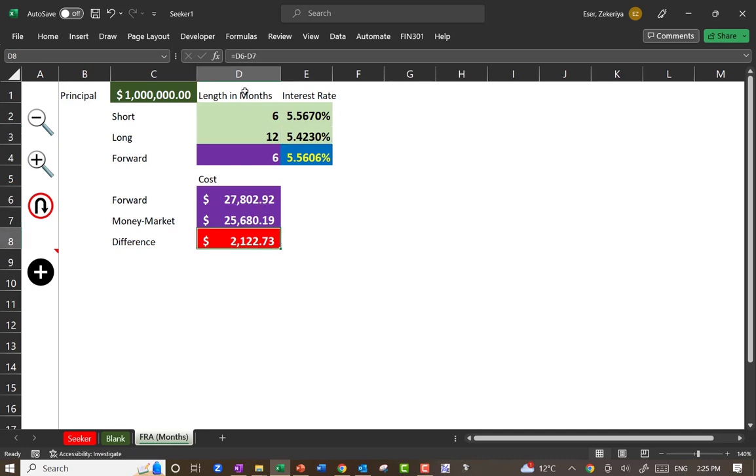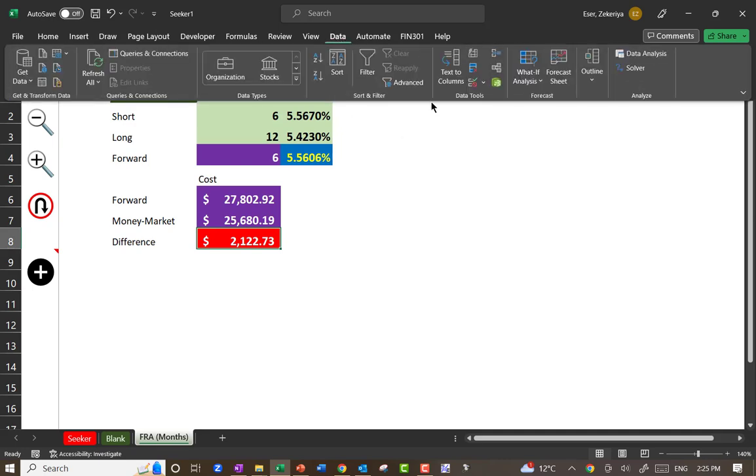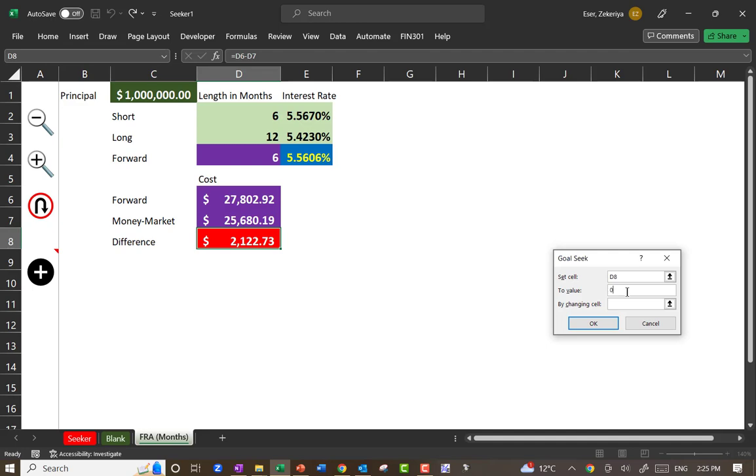So I'm going to take that difference again. Data, what if analysis, goal seek to 0 by changing that. Oops, I put the wrong changing cell.